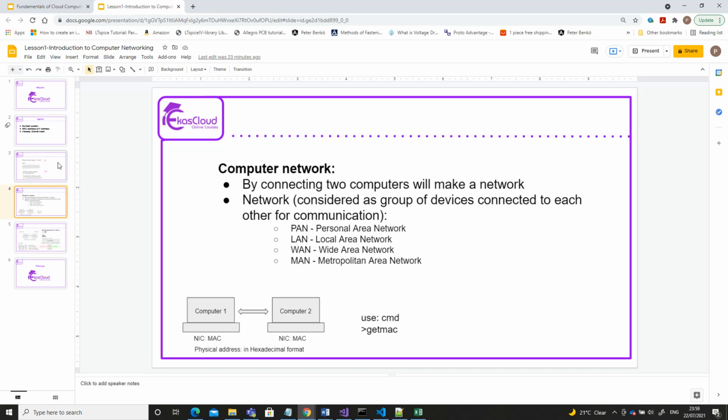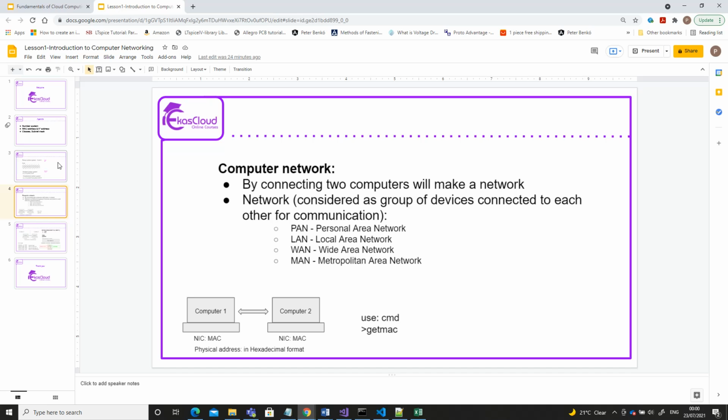What is important to understand is that every NIC card has a MAC address. MAC stands for Media Access Control, and what is really important is that it is a very unique number. There is no other number like that that you can find on some other devices.